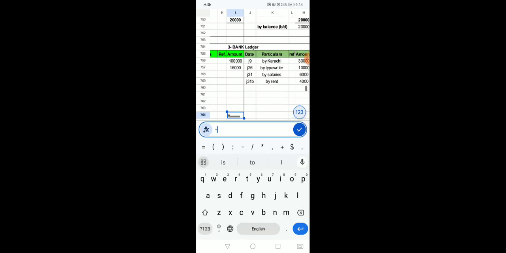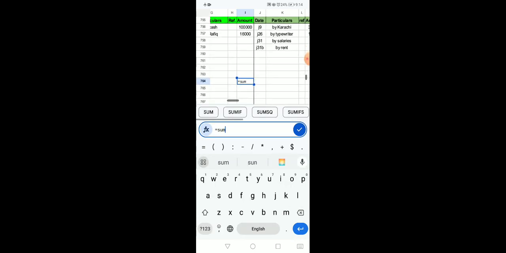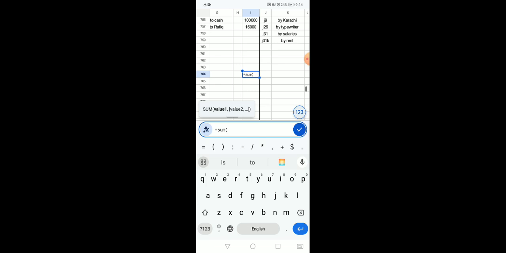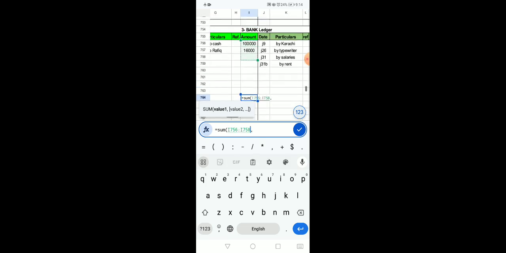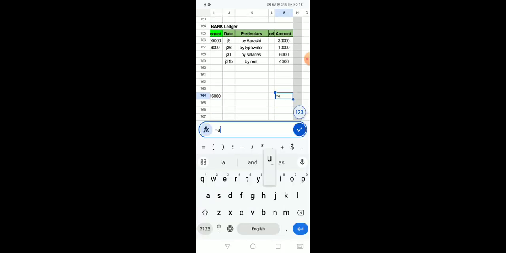So here the time comes again to calculate the balance. First step is to take sum of all the amounts present on debit side. So here you will get the sum of debit side. I am taking help from Excel. Sum of debit side arrived 1,16,000, and now you are needed to calculate sum of the credit side as well.